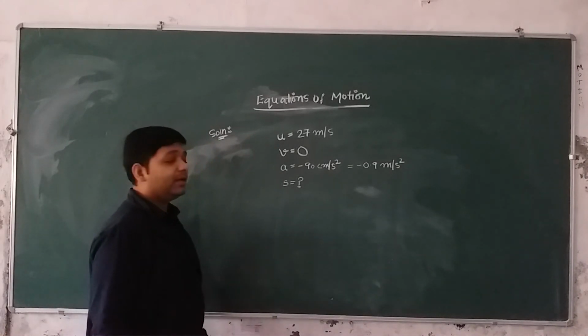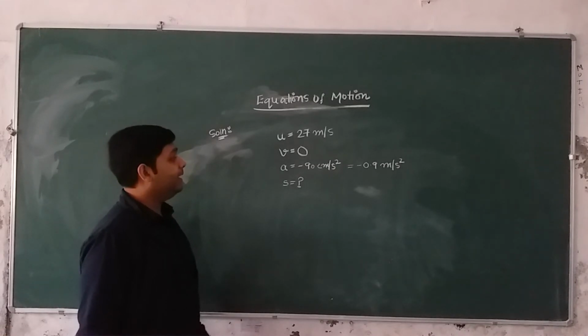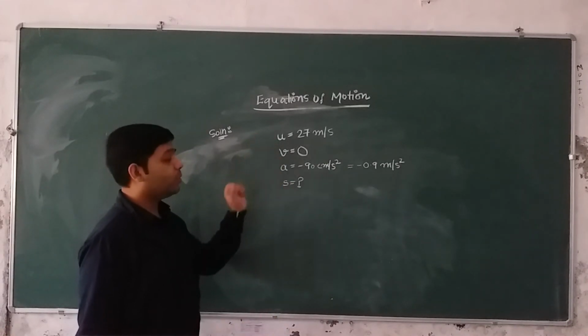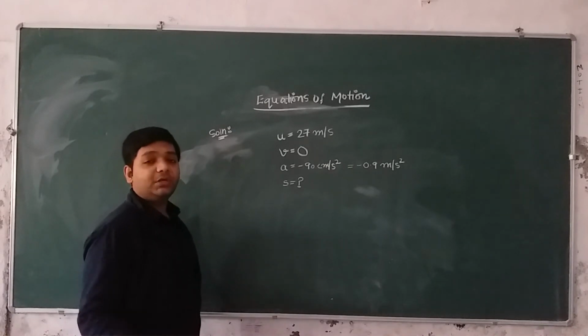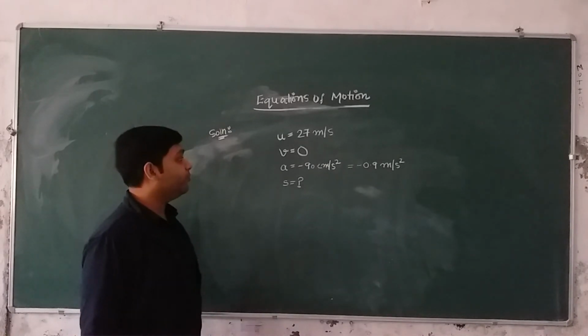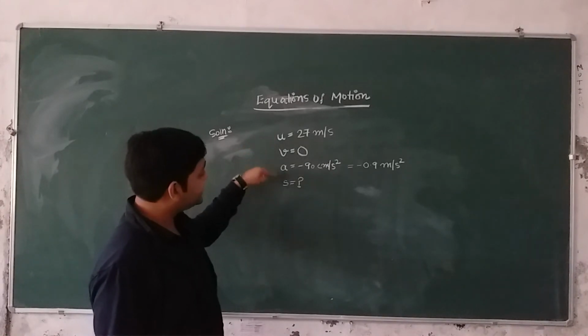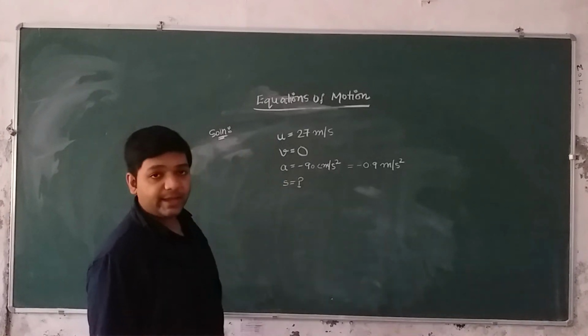So this is the data given in the question, right? Now we need to use one equation of motion that relates all these four quantities. If you check your equations of motion, the third equation of motion relates u, v, a and s.